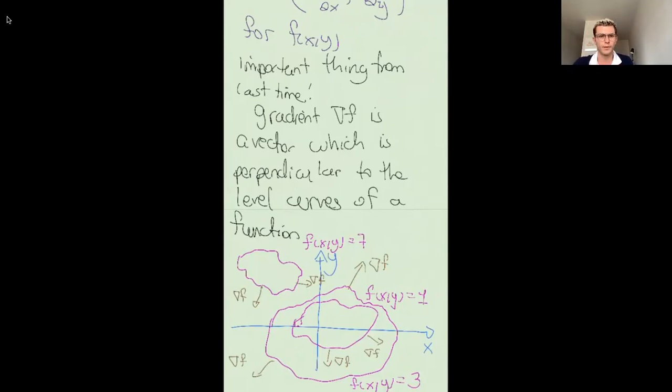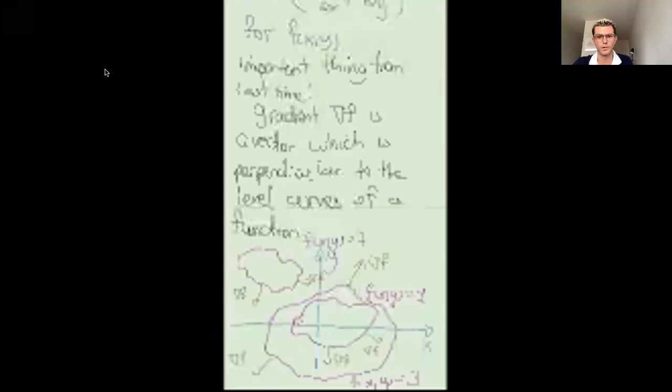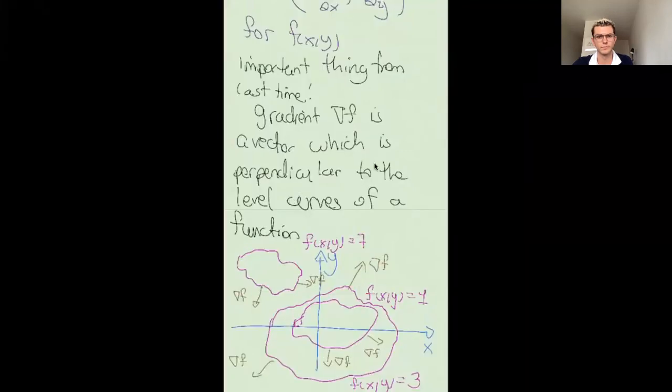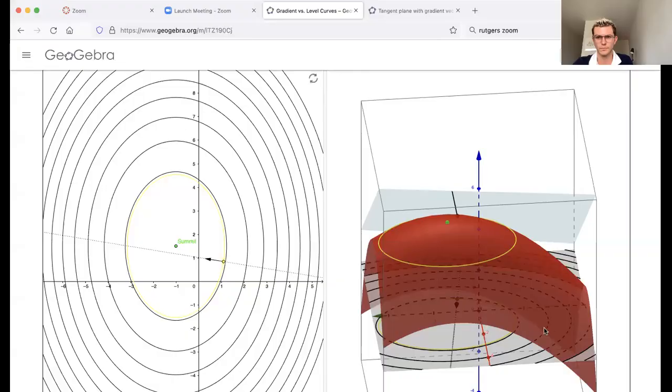So let's see, I have it here. Can everyone see GeoGebra? Yeah.